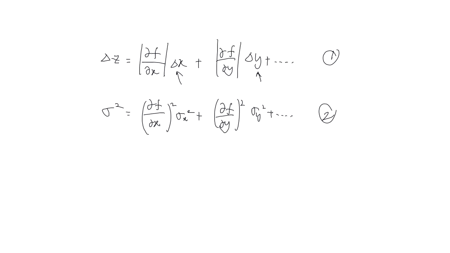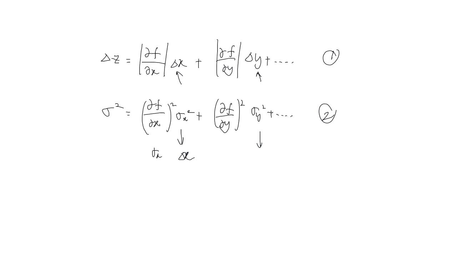You can also use the second approach, and in many examples I've seen, for example with the ruler just now, people regard the sigma x here, the standard deviation, as the uncertainty as well.